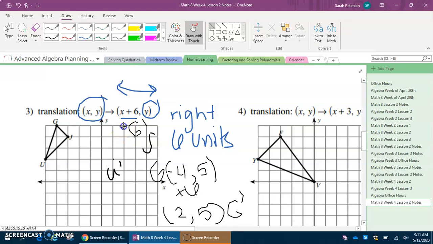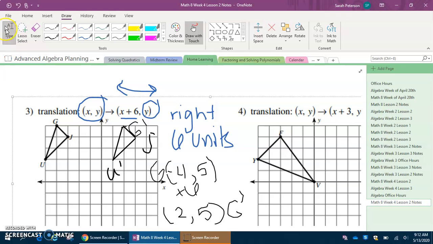So you would do from here to here, and then from here to here, and then from here to here. So you can kind of see they're the same. I just slid it over 6 units.